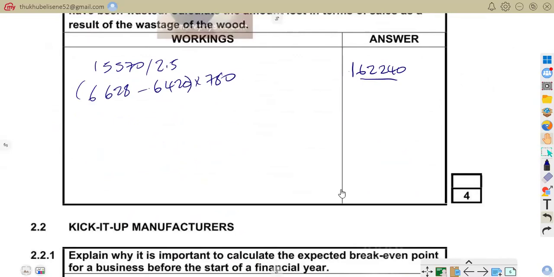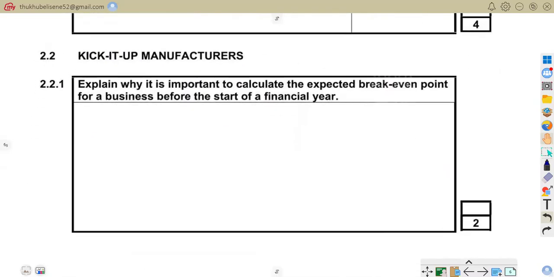Why is it important to calculate the expected break-even point before we can start the financial year?